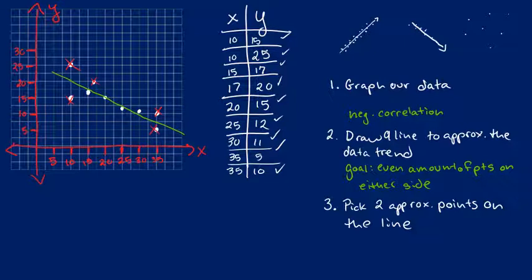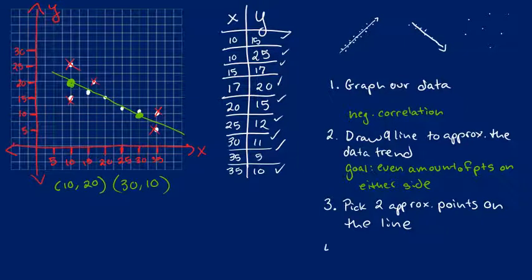I want to pick 2 data points that approximate this line. So if I were to pick some nice ones, 10, 20 looks like a really nice point. And I'm looking for a nice intersection here at 30, 10. That's another great point.